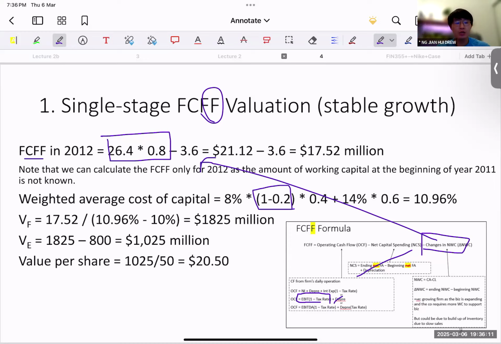Since it's a situation of stable growth, we're using the growing perpetuity formula. This is your growth rate G, and we take the FCFF divided by WACC minus G. This is your value of the firm.